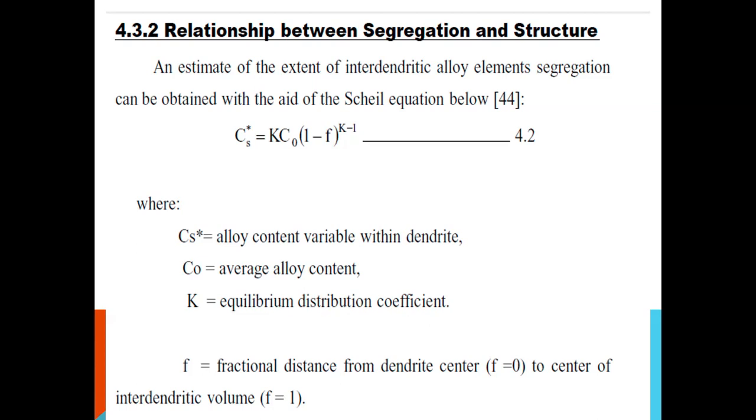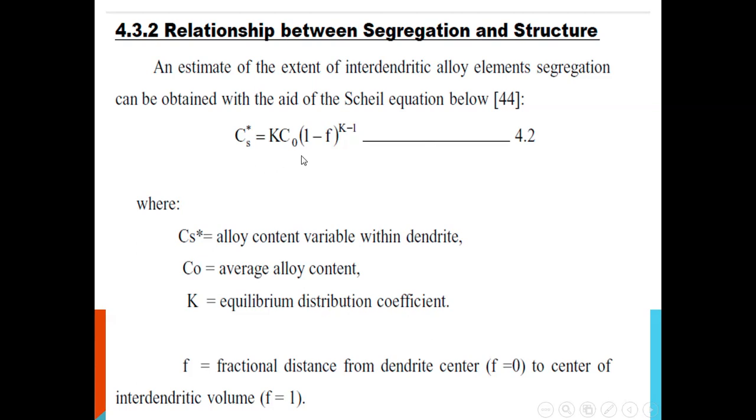An estimate of the extent of interdendritic alloy segregation can be made, because when solidified, cast copper-nickel alloys show a dendritic structure. This interdendritic alloy element segregation can be obtained with the aid of the equation below.